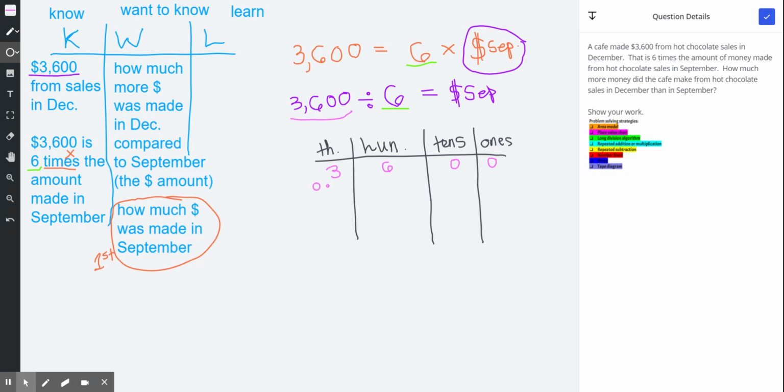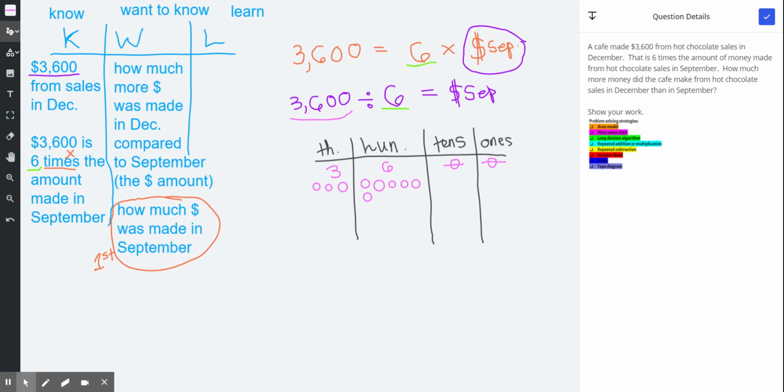So I'm going to draw 3 circles for my thousands, and then 6 in my hundreds: 1, 2, 3, 4, 5, 6. And one thing to keep in mind, because we might get confused, is that in our tens and ones place, those are not dots; those are in fact zeros. So I would just draw some kind of line through them so that we know those are not dots. Our dots are here. Those are zeros from our dividend.